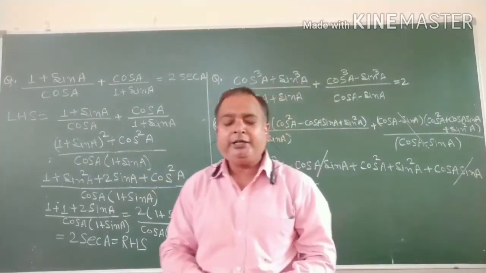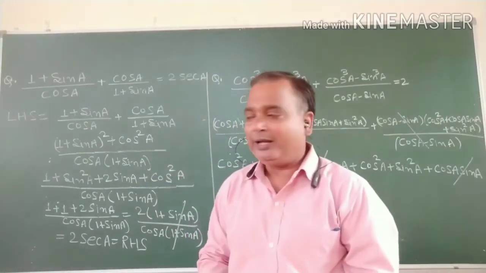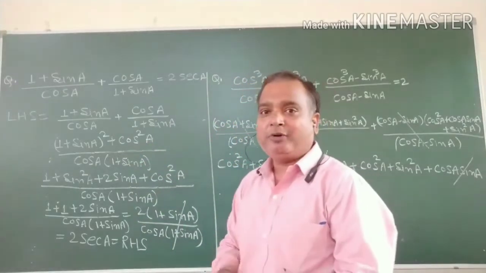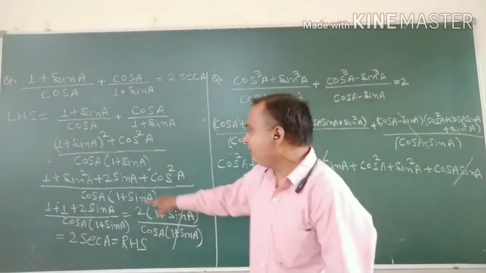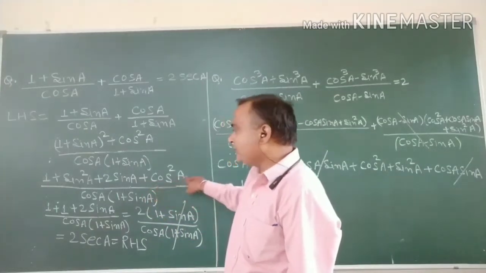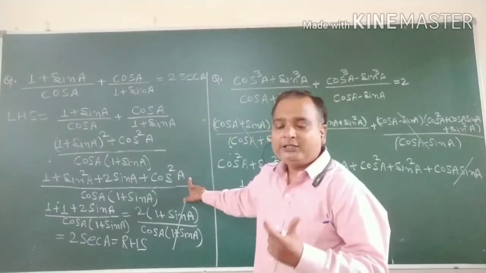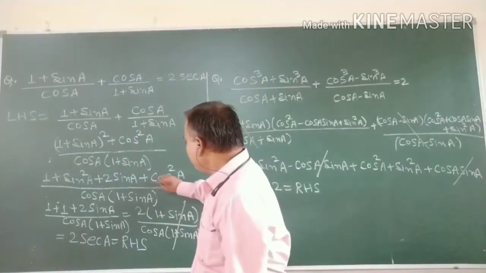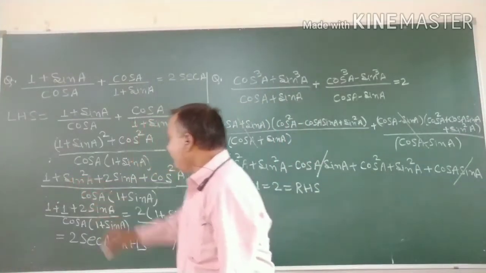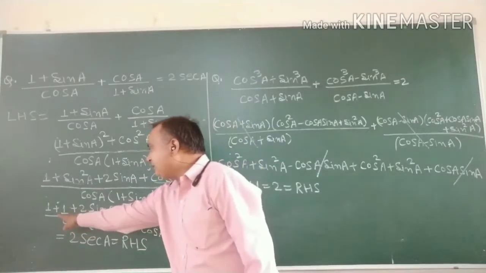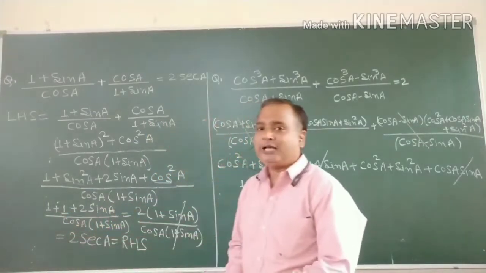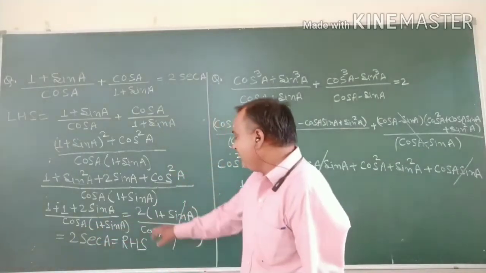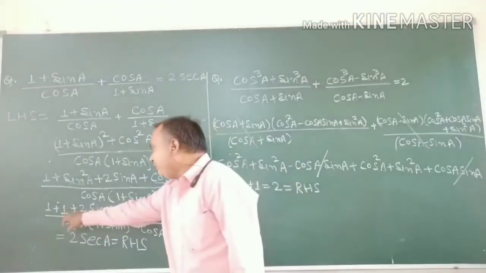Now by the identity of (A plus B) whole square, we can expand (1 plus sin A) whole square, that is 1 plus sin square A plus 2 sin A, plus cos square A. We know that cos square A plus sin square A equal to 1. So can we write 1 plus 1 plus 2 sin A upon cos A into (1 plus sin A) equal to, now it is 2 plus 2 sin A.